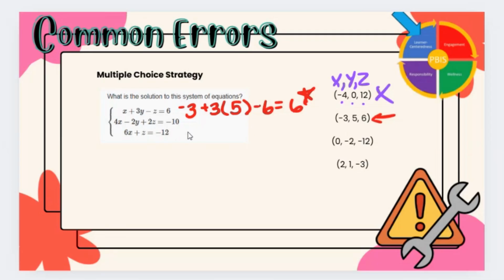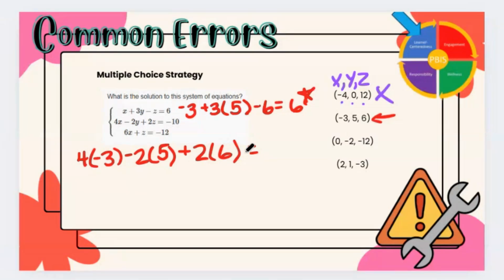So I'm going to go to the next one. And I have 4, again, I'm going to put -3 in for x, minus 2, I'll put 5 in for y, plus 2 times 6. Going to put that into my calculator. 4 times -3 minus 2 times 5 plus 2 times 6.